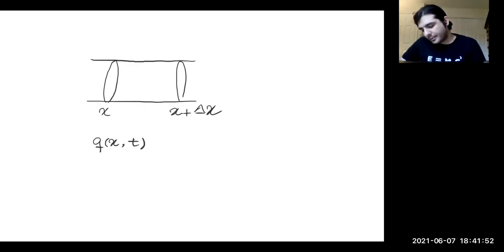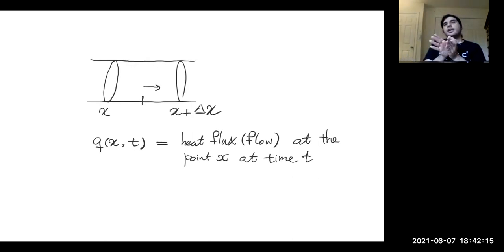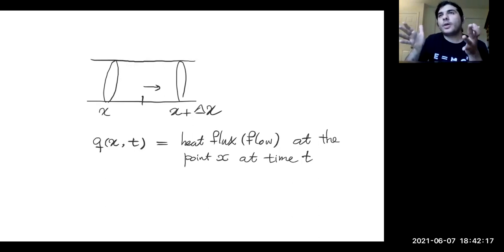This is the heat flux or heat flow at the point X at time t. So this shows, for any point you choose, how much heat flow we have, how much the heat is moving around.